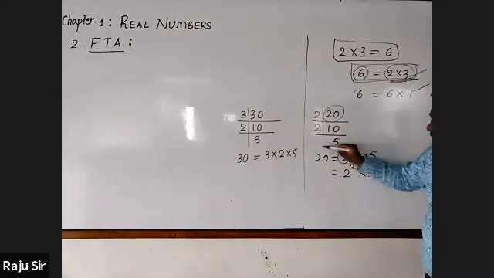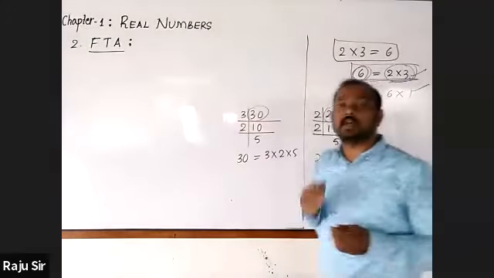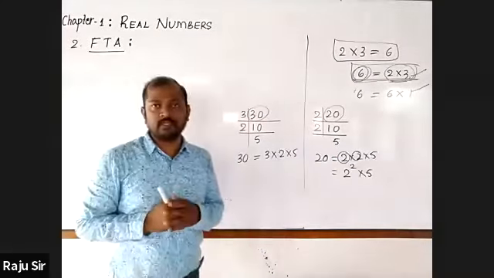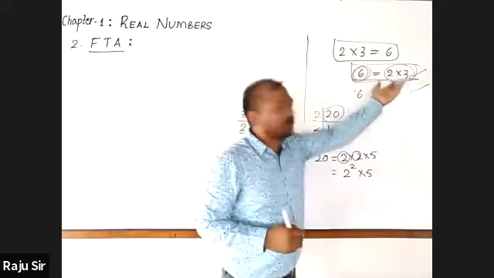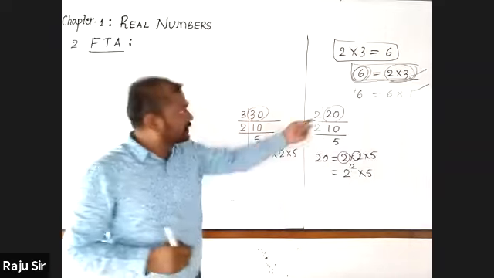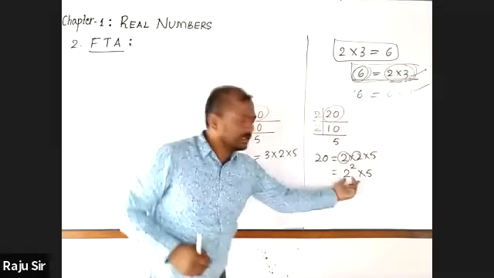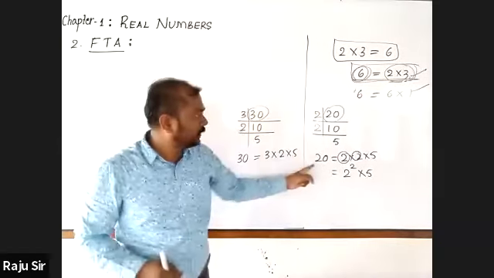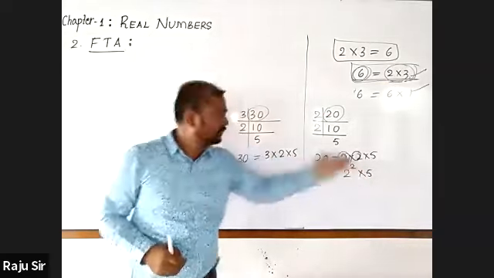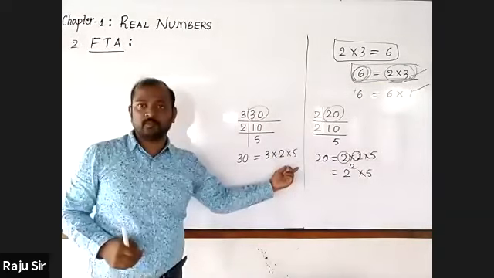And here, whatever numbers we have taken, that is 20, 6 and 30, all these are composite numbers, right? Each of these composite numbers is expressed as the product of its prime factors. Observe, 6 is written as 2 into 3, 20 is written as 2 square into 5, then 30 is written as 3 into 2 into 5.